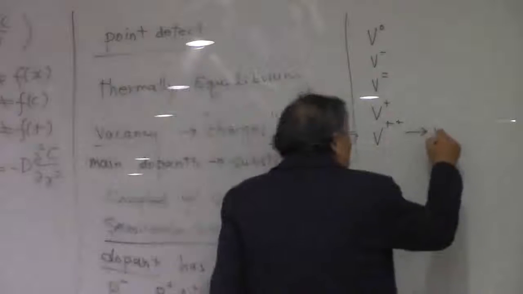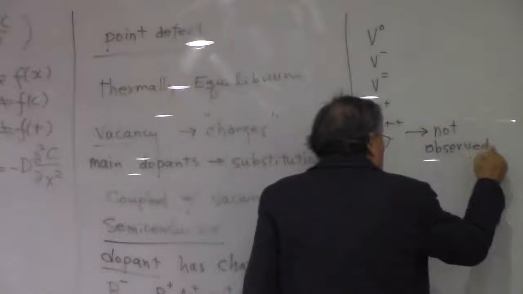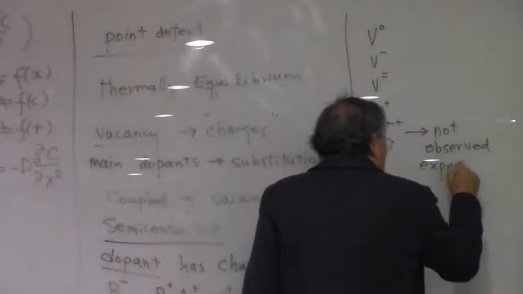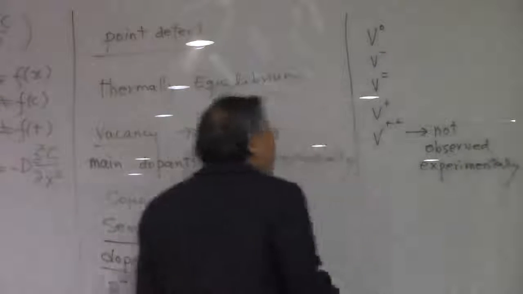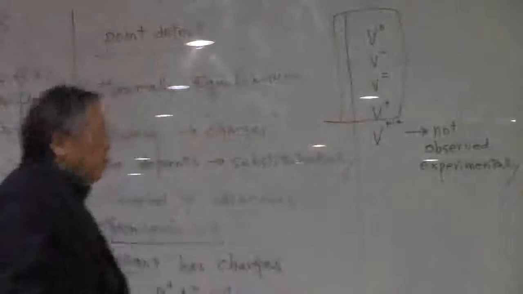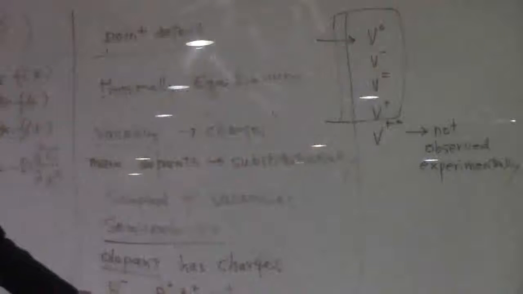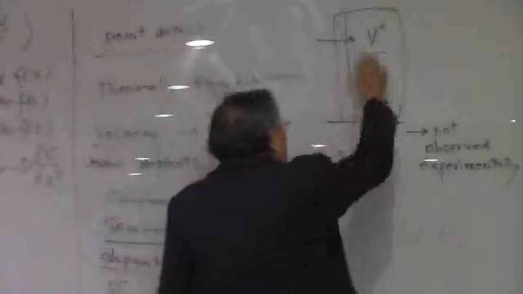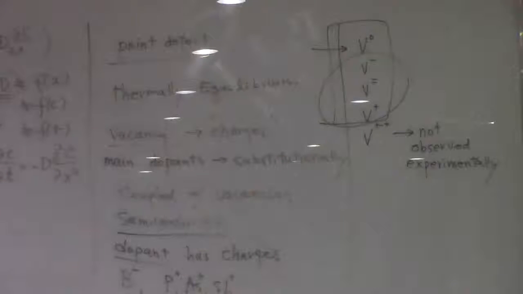This is not observed experimentally, so we just neglect this. And then mainly we have these 4 charges. The neutral one can be coupled with any dopant materials, but once it has a charge like this, then it should couple with the opposite polarities.